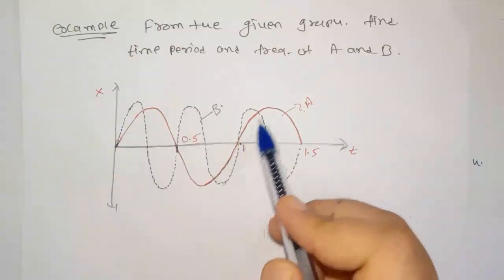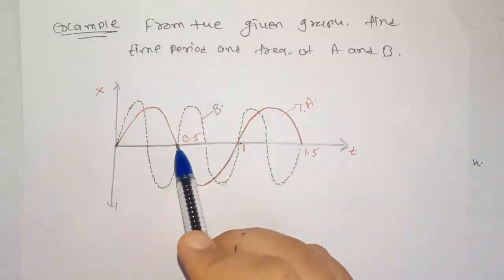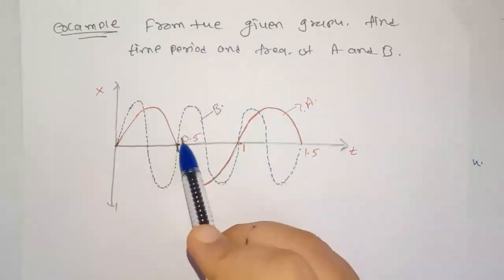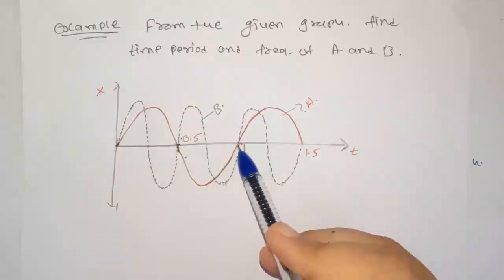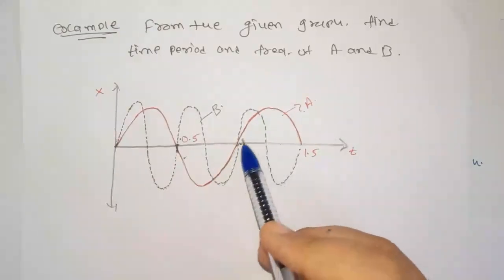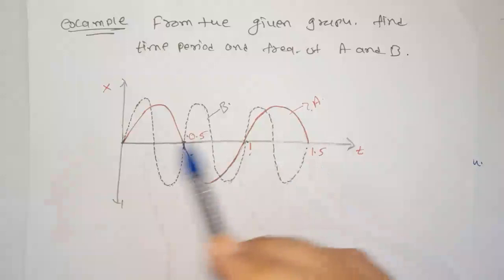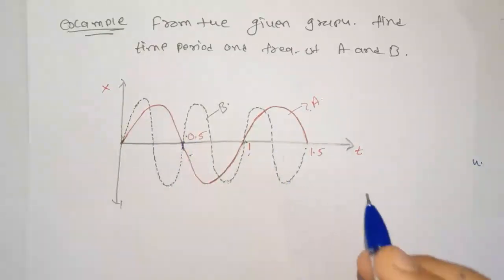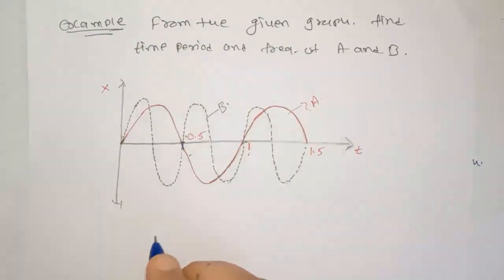Then it will repeat itself. Here at 0.5 second, we cannot say it is repeating itself because it is moving in the negative direction. Now after this point at 1 second, it is again repeating the same type of motion. So time period for A will be equal to 1 second.